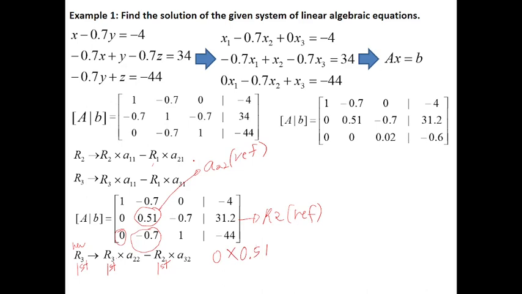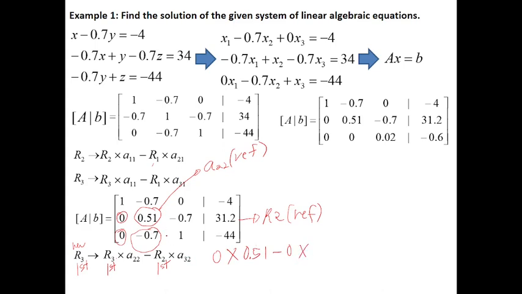R3 first element, 0, times A22, 0.51, minus R2 first element, 0, times A32.